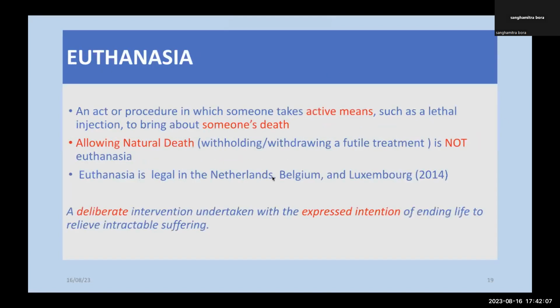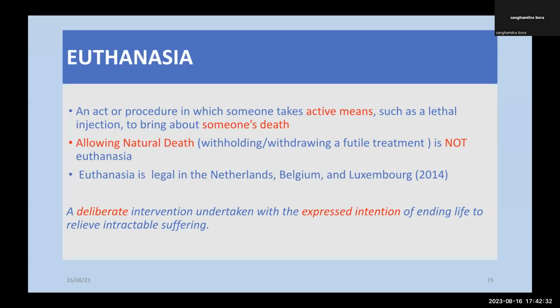So euthanasia is actually an act or procedure in which someone takes active means, such as a lethal injection, to bring about someone's death. And interestingly, when we allow the natural process of death to happen, it is not at all counted as euthanasia.